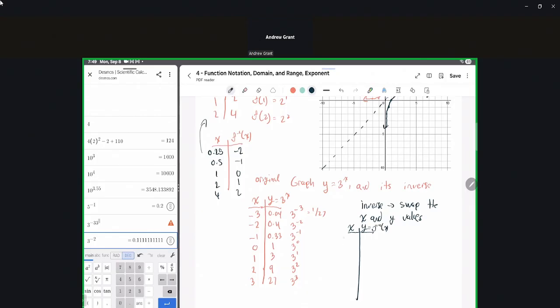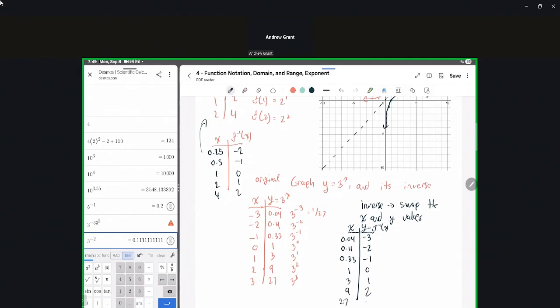So for x value, we're going to end up with 0.04, and that goes to -3. 0.11 goes to -2. 0.33 goes to -1. 1 goes to 0. 3 goes to 1. 9 goes to 2.